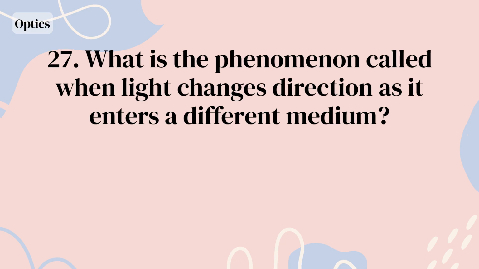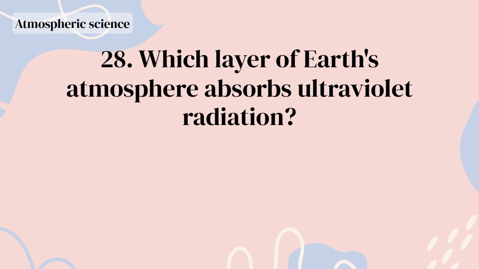Buoyancy. What causes a change in an object's state of motion? Force. What is the phenomenon called when light changes direction as it enters a different medium? Refraction. Which layer of Earth's atmosphere absorbs ultraviolet radiation? Ozone layer.